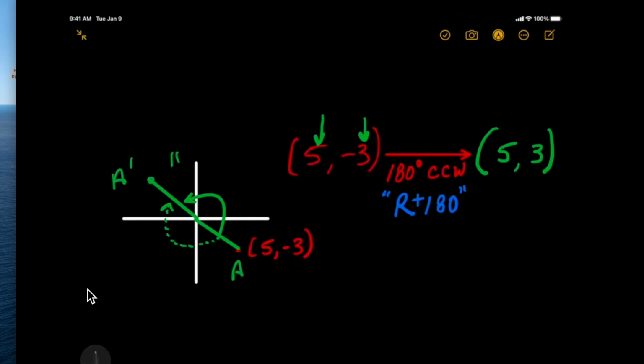We are now in quadrant 2. When you're in quadrant 2, the x value has to be negative and the y value has to be positive. So our final point is going to be -5, +3, as determined by the signs in this quadrant.